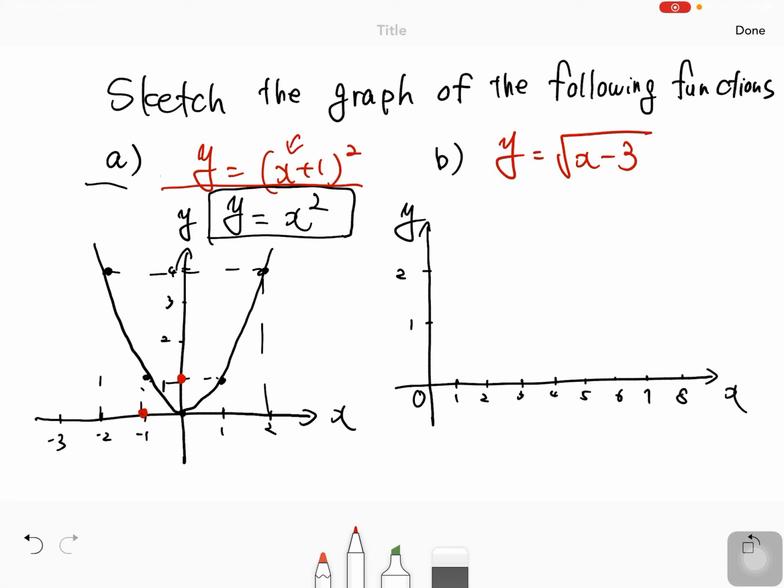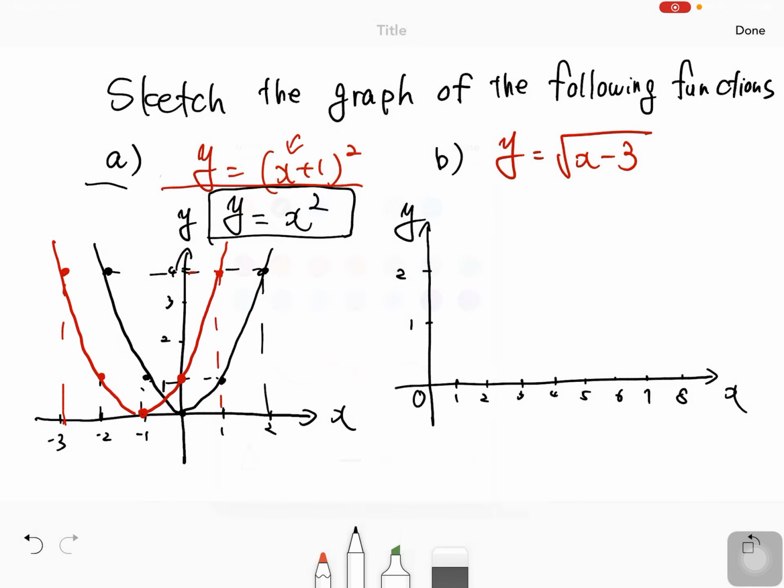If you plug in negative 2, y is gonna be here. If you plug in negative 3, y is gonna be here. Like this.